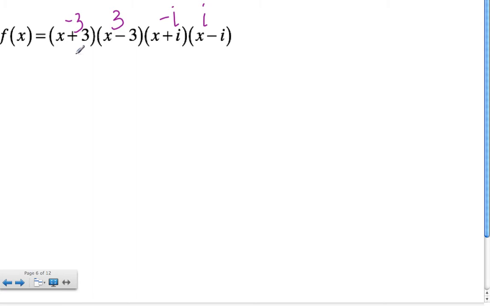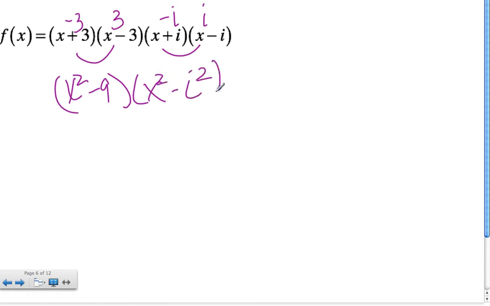If I multiply these first two together, I would get x squared minus 9. If I multiply the second two together, I get x squared minus i squared. That in turn changes to x squared plus 1.